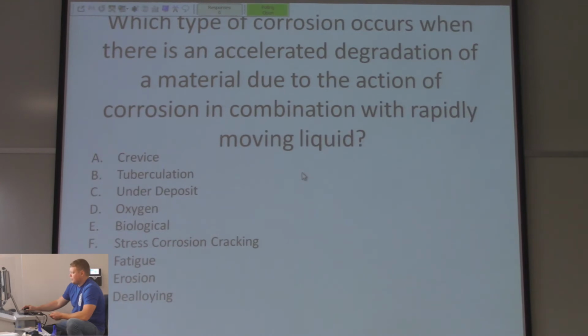Which type of corrosion occurs when there is an accelerated degradation of a material due to the action of corrosion in combination with rapidly moving liquid? Crevice, tuberculation, underdeposit, biological, oxygen, stress corrosion cracking, fatigue, erosion, or de-alloying. Correct answer is erosion corrosion, right?